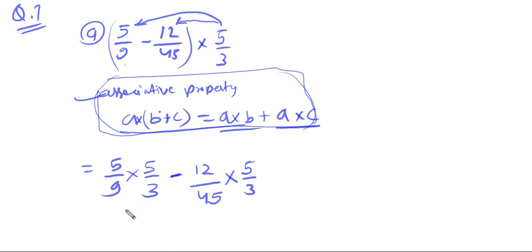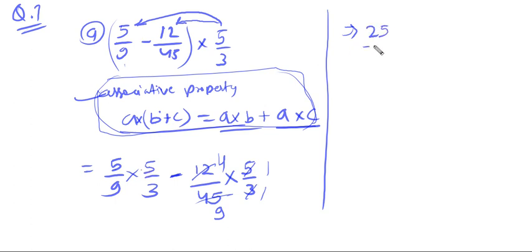Now let us solve this. You can cut here: 3 1s are 3 and 3 4s are 12. 5 1s are 5 and 5 9s are 45. Now 5 5s are 25 upon 9 3s are 27, minus 4 upon 9.